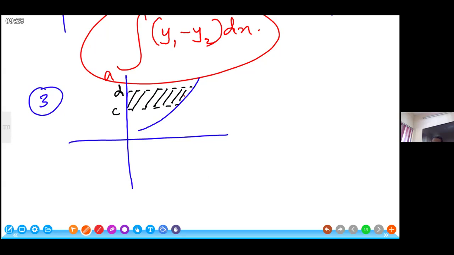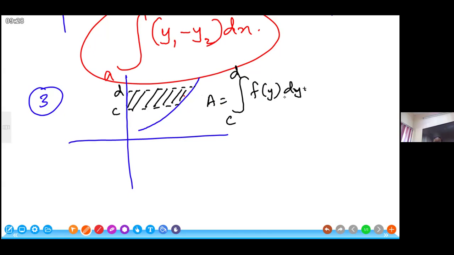Then you can say, let's say y is a function of x, we will have to bring this function in terms of y, so that this area can be given as the integral between C and D of a function of y with respect to dy. So we have to convert into y terms, a function of y, instead of x terms.